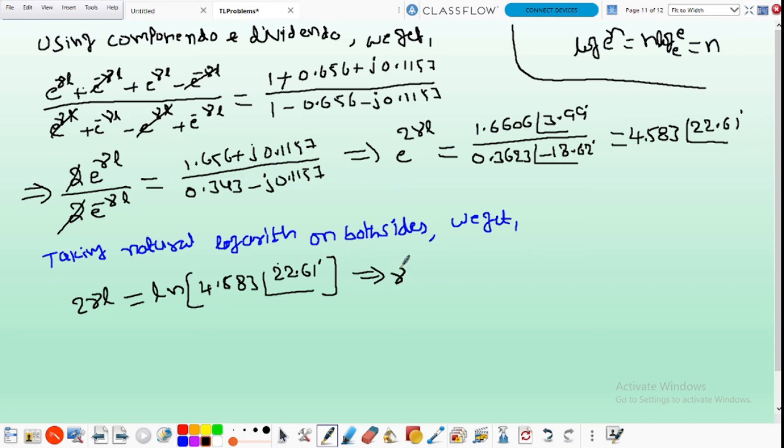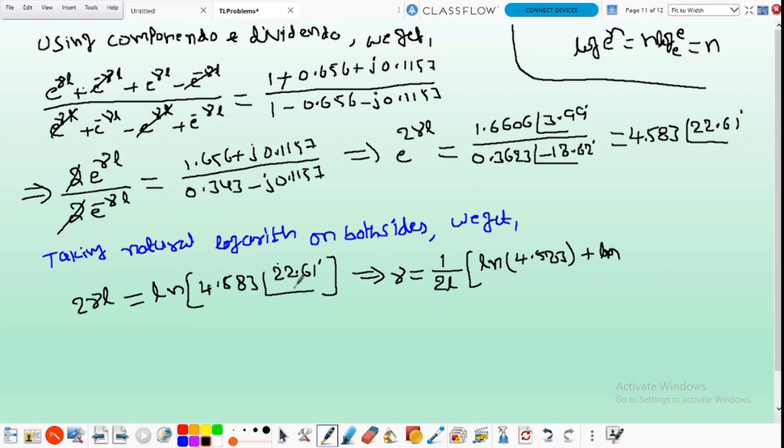Gamma is equal to, 2L is coming to the RHS side. We have 1 divided by 2L into the RHS term. This natural logarithm of the polar form is converted into the natural logarithm of the magnitude, 4.583, plus the natural logarithm of the phase angle.